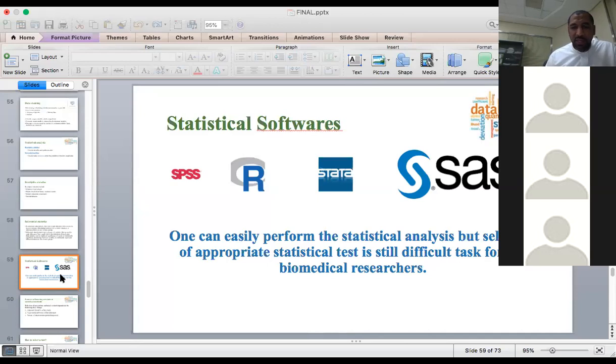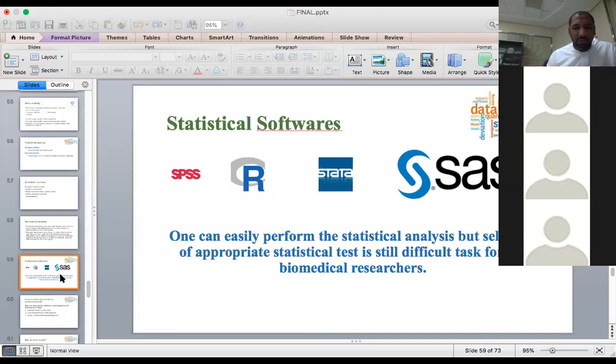A statistical package is only a tool to be used, and whatever data you enter, whatever test you apply, can be applied and gives you a result. However, the statistical application may not be the right one.